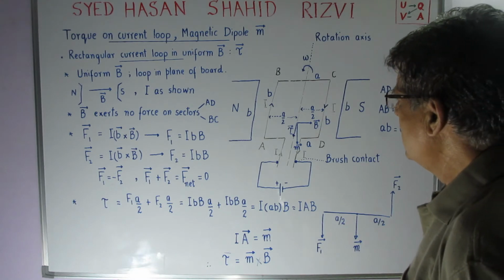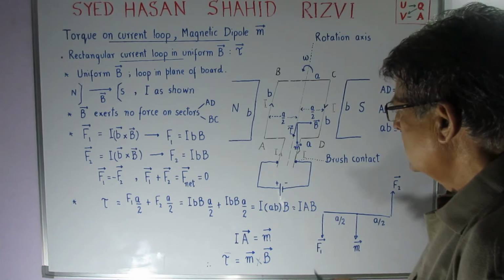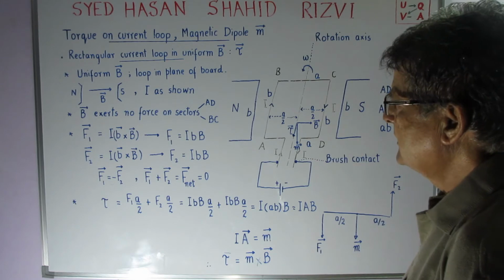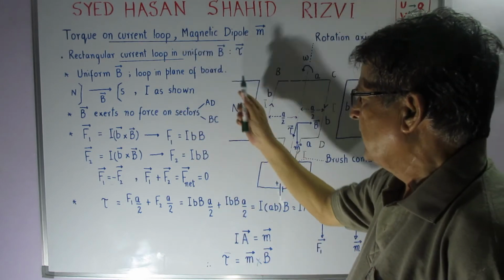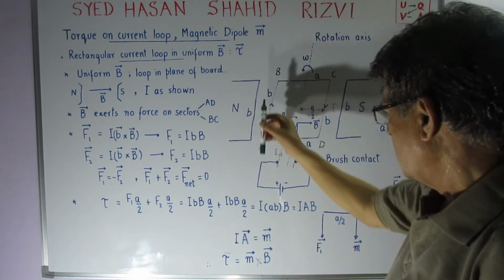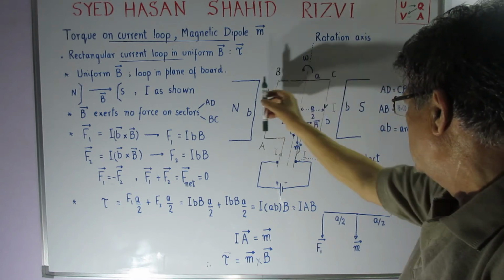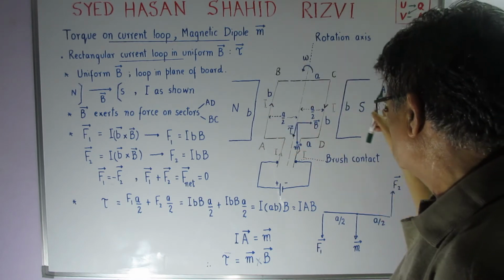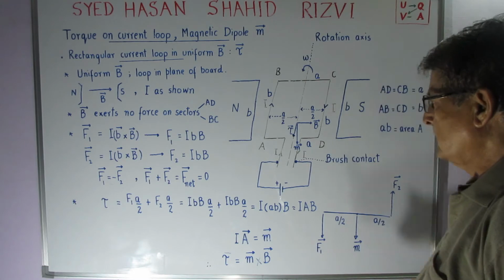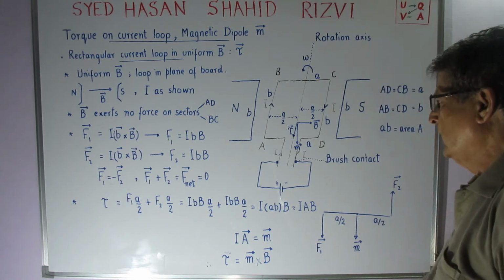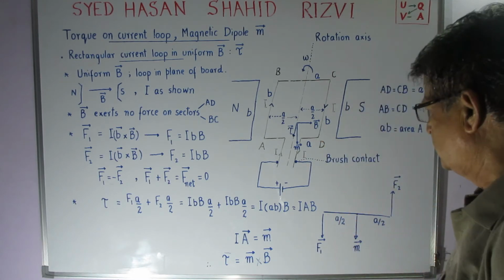Now look here. In the first instance, we put the loop in the plane of the field. The magnetic field is along from north to south, which has been shown as this.